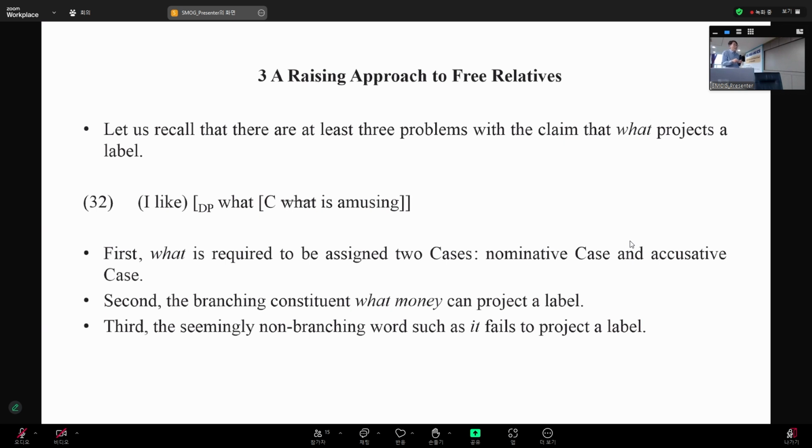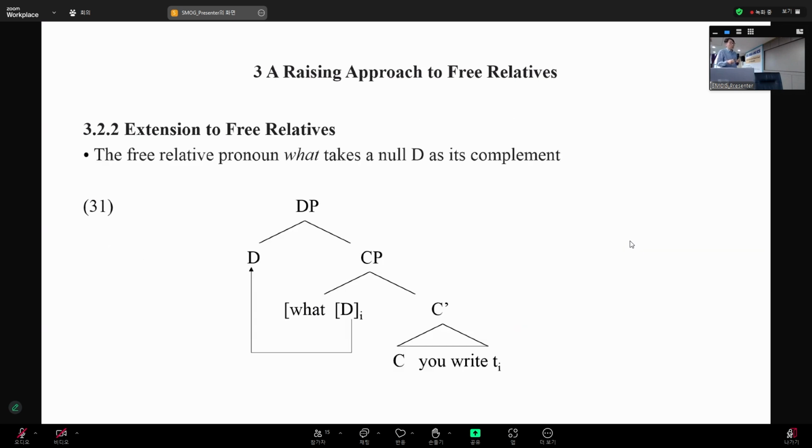Now we can explain all the empirical problems. Okay, I said that in 32 we have a problem because if we want to project a label in the landing site, then Wright assigns two cases. We don't have this problem in here because what is assigned the case from right and D projects a label.